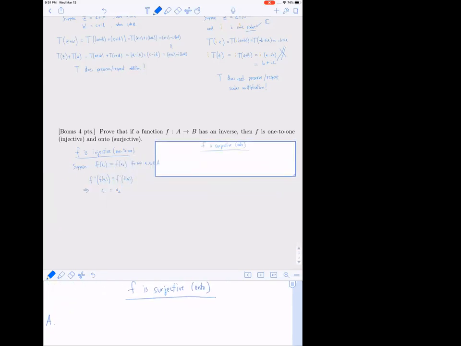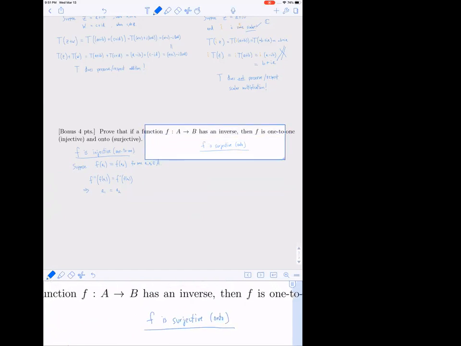Finally, to show that f is surjective, we will start with anything from the codomain B and find an element in A which gets sent to it by f.